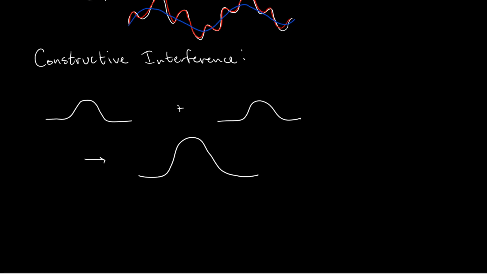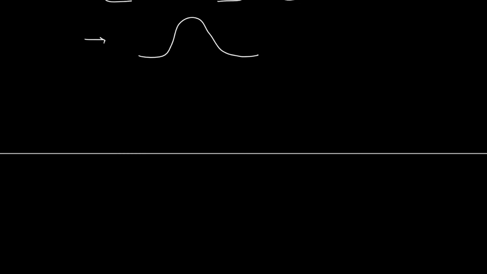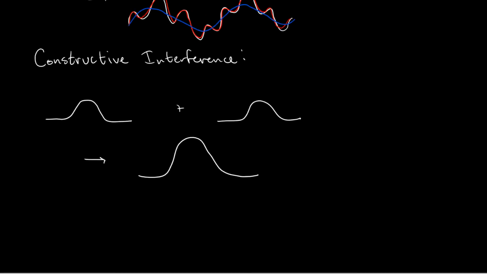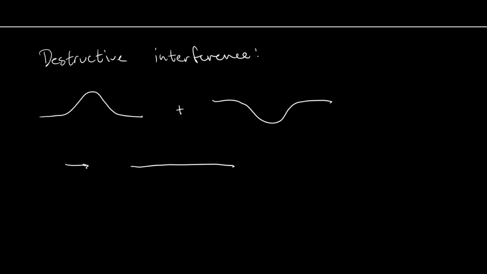And then there's destructive interference, in which case I look at these two bumps, except maybe I invert one of them, and the two cancel out. These two add on to each other, hence constructive, and these two destroy each other, hence destructive.